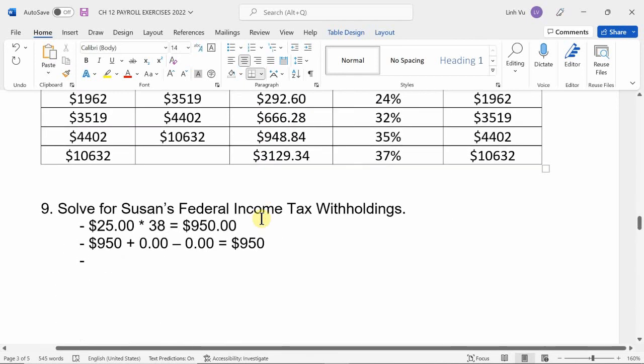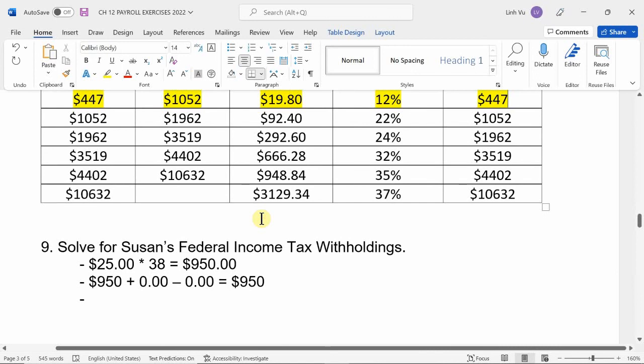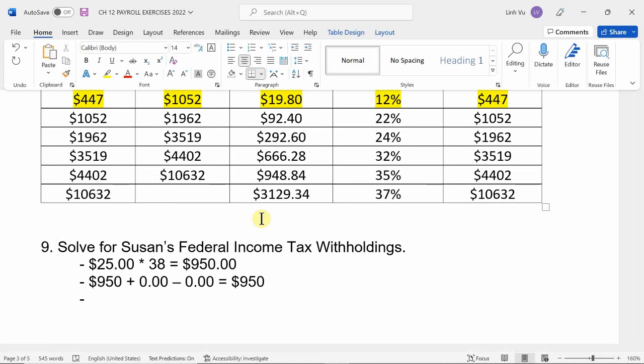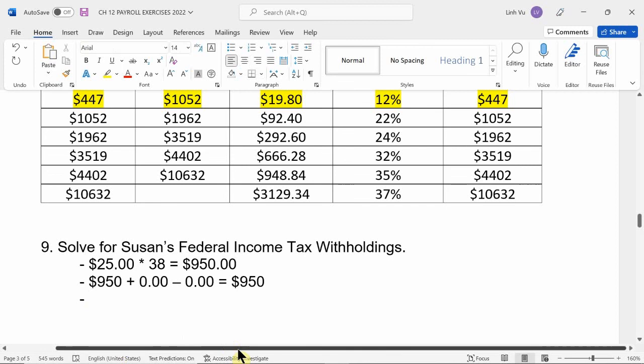So how do I determine the total amount in excess that she's earned? How much money has she earned in excess? It would be 447. 447 is what the government lets her keep without taxing it.